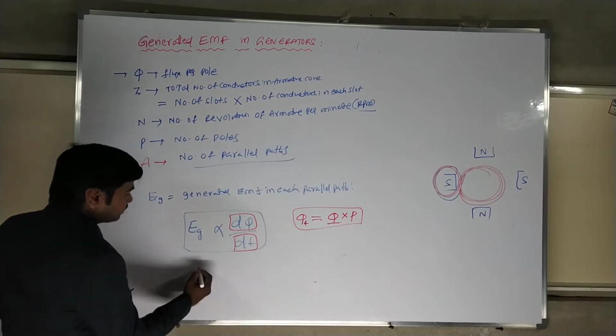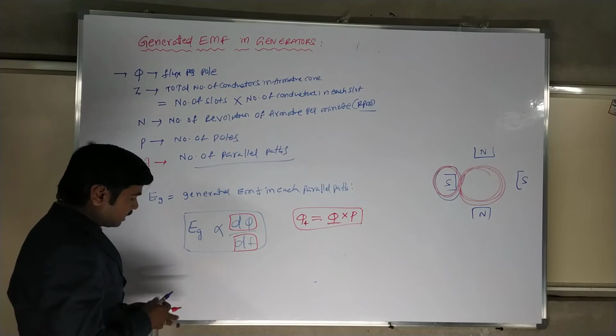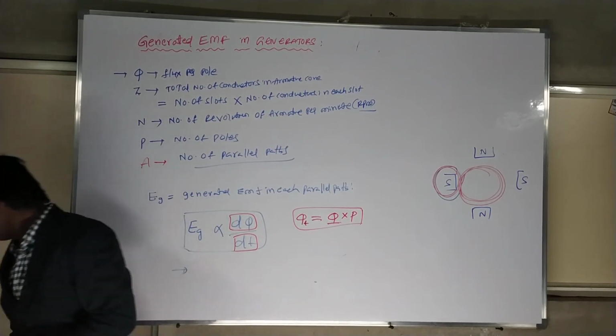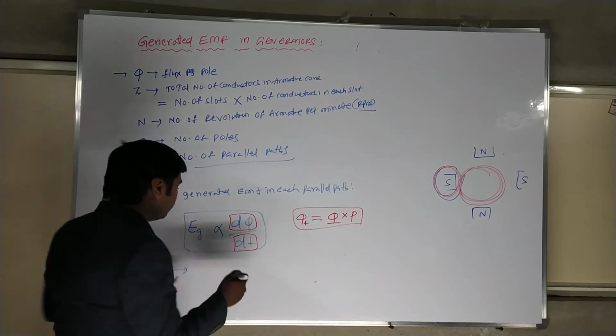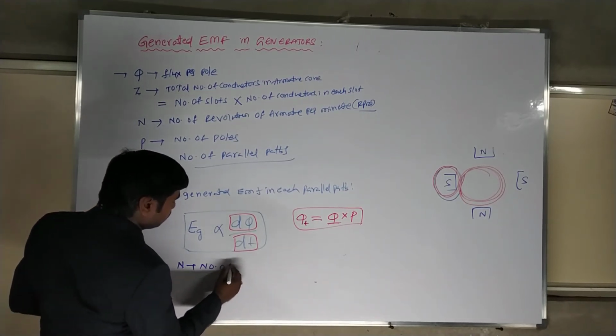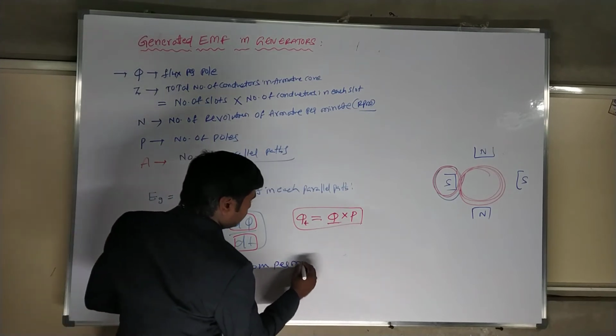Next, dt, the time of revolution. What is the N formula? N is the number of revolutions per minute.